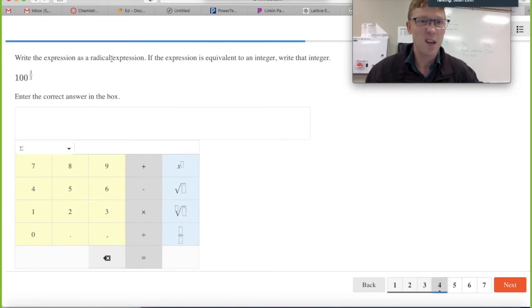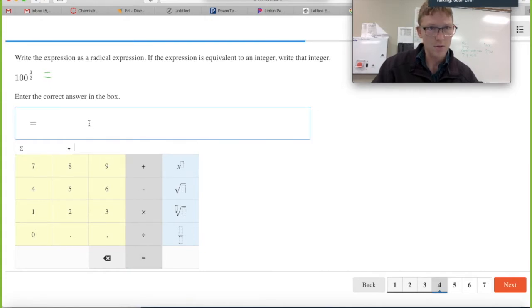Write the expression as a radical expression. If the expression is equal to an integer, write that integer. So do they actually want us to write it out? Yeah, they do. Okay. So this is 100 raised to the 3/2 power.